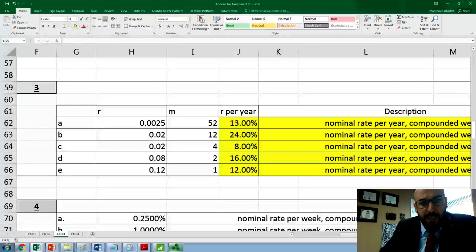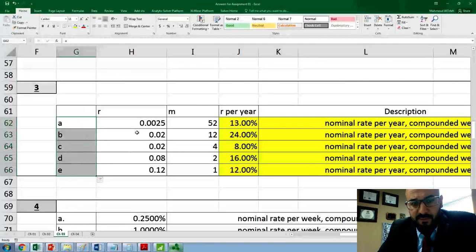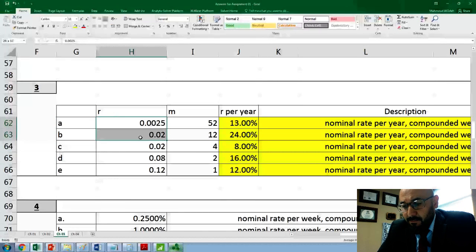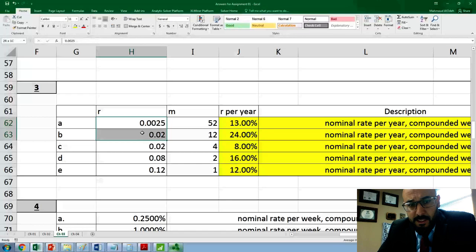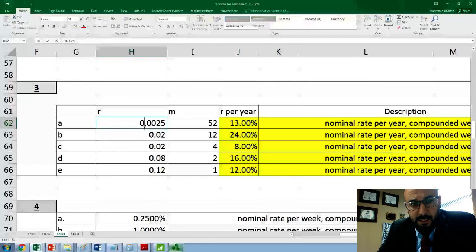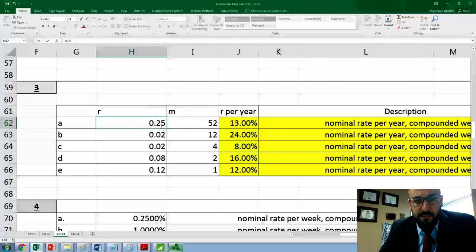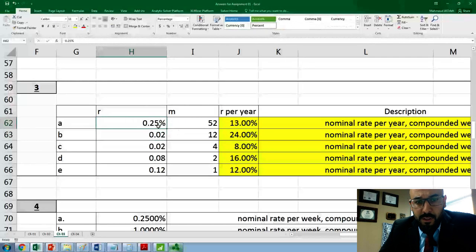So what I did here is list down the A, B, C, D, and E, and I've listed all these nominal rates per whatever period it is. So 0.25%, whether you type it 0.0025 or you type 0.25%, either way Excel will do the calculation for you.